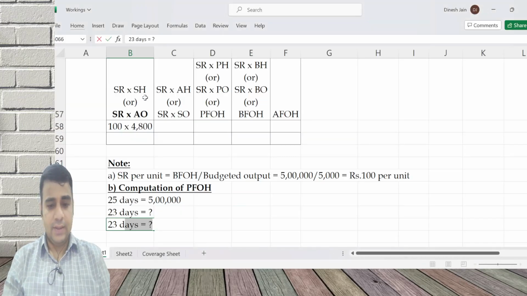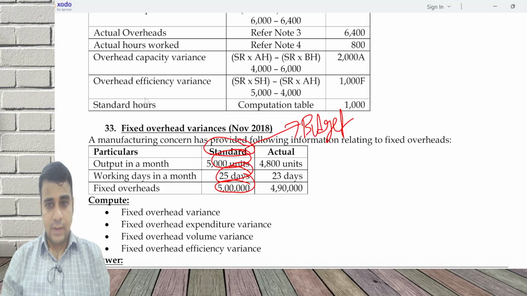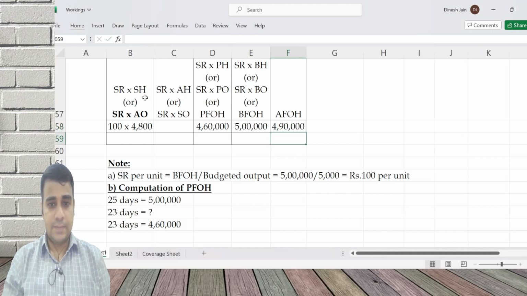So you get 23 days equals 4,60,000. BFOH is 5 lakh. AFOH is 490.